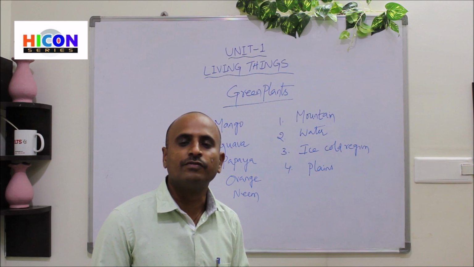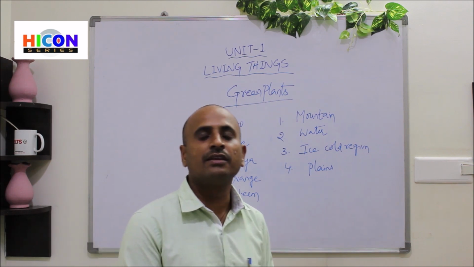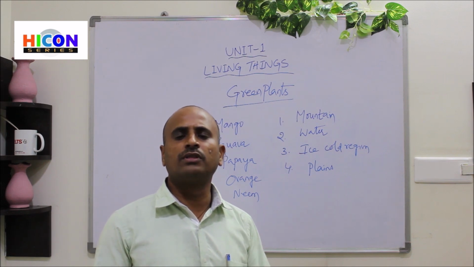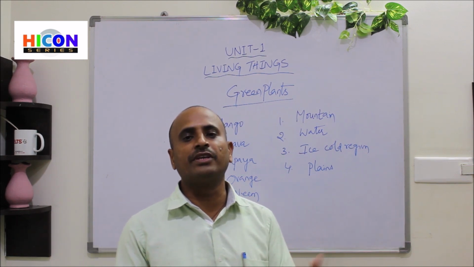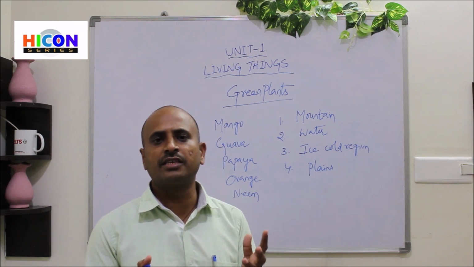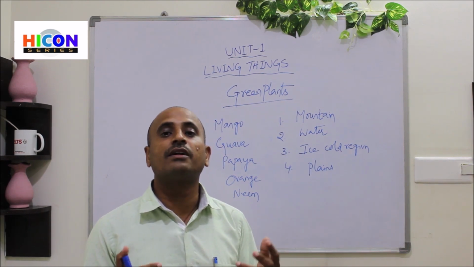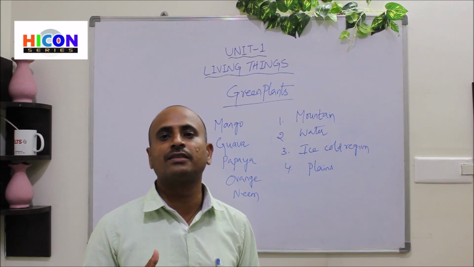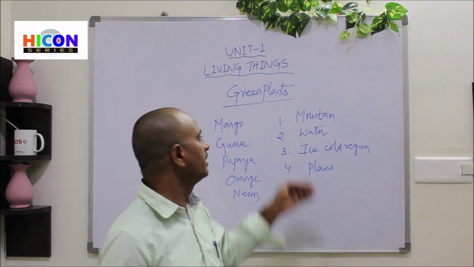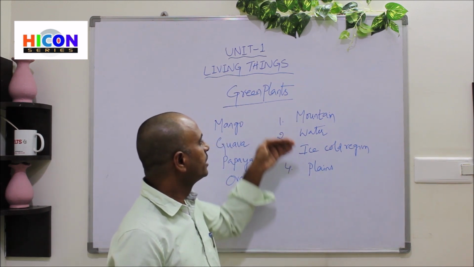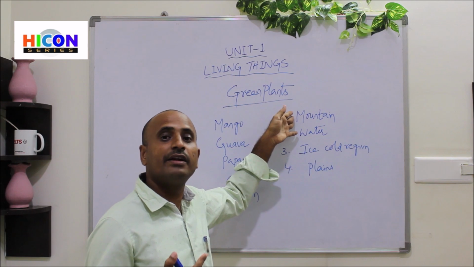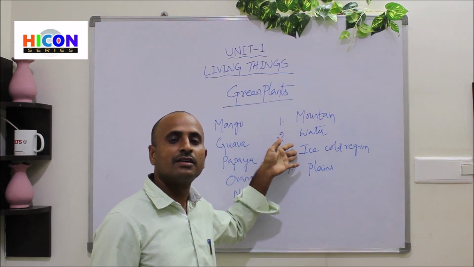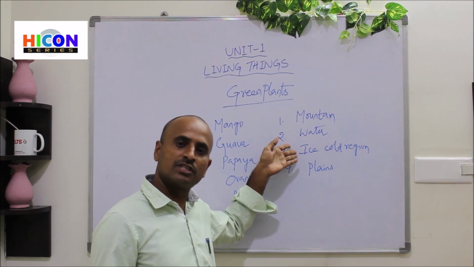The plants growing in one region cannot be grown in another region, because throughout the world we have different types of regions, and in each region the climatic and environmental conditions are different. In mountain areas the climatic conditions and temperature are different, and in ice cold regions the temperature and atmosphere are also different.